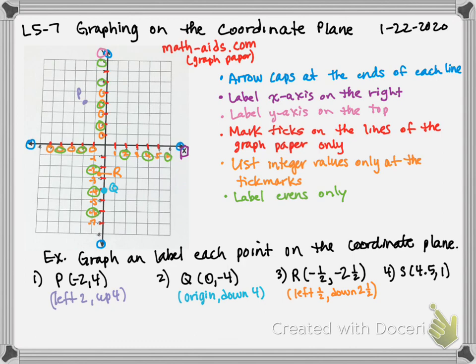Let's do 4.5, so that's going to get me right between 4 and 5, halfway between, and then I'm going to go up 1. Okay, so from the origin, I go halfway between 4 and 5, and then I go up 1. So that would take me right here. And that is my point S.